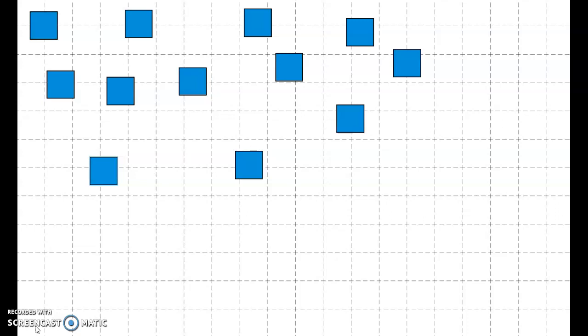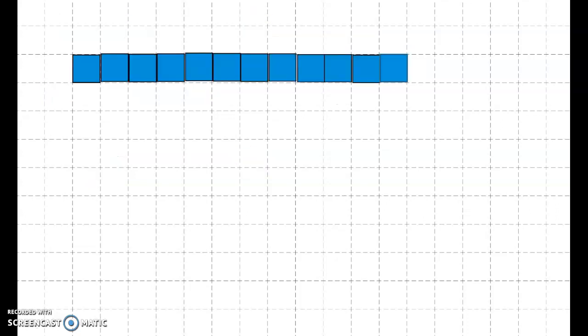Let's see what happens when we push our tiles together to make one long, skinny rectangle. Does it work? Do we have a rectangle? Thumbs up or thumbs down? We sure do. Another long, skinny rectangle. How should we label it? Let's count our rows and columns to see.